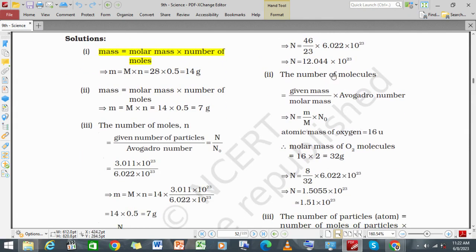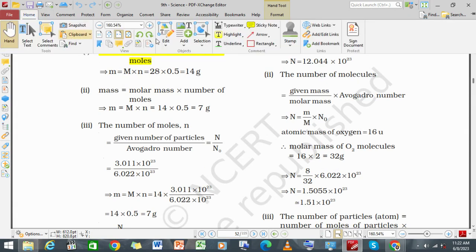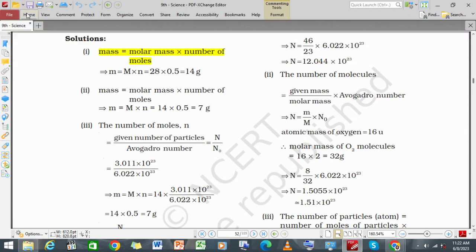And here, if you want to find the number of molecules, we do the same: given mass by molar mass into Avogadro number.